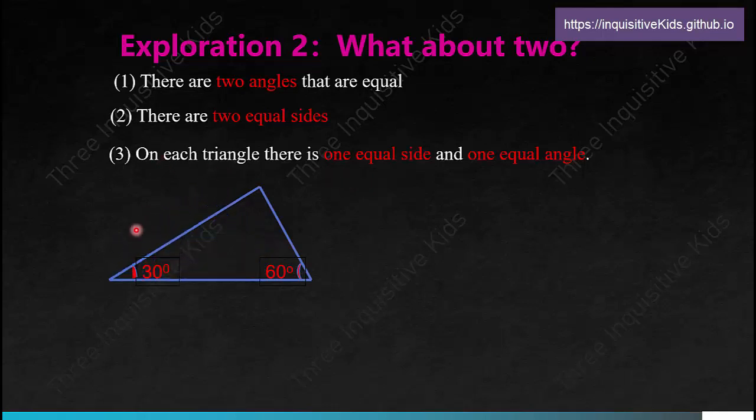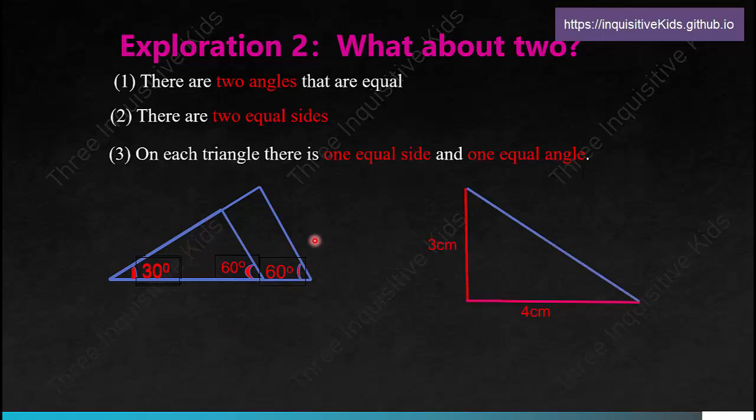So for 1, we first have a triangle with one angle of 30 degrees and another angle of 60 degrees. And here we have yet another triangle which also has one angle of 30 degrees and another angle of 60 degrees, but it's slightly smaller than the first one.